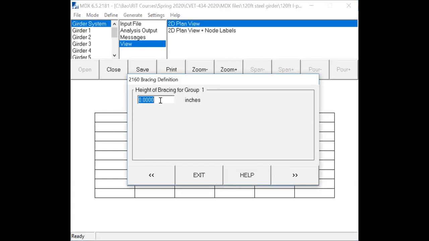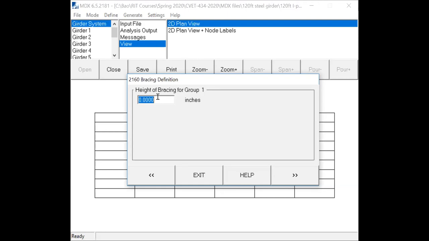Height of bracing for group 1, and this bracing is usually connected to the transverse stiffener. Transverse stiffeners connect to the web, and the web is 50 inches, and we need to leave like 2 inches gap between the top chord and the bottom of the top flange of the girder, and also leave 2 inches gap between the bottom chord and the top of the bottom flange.